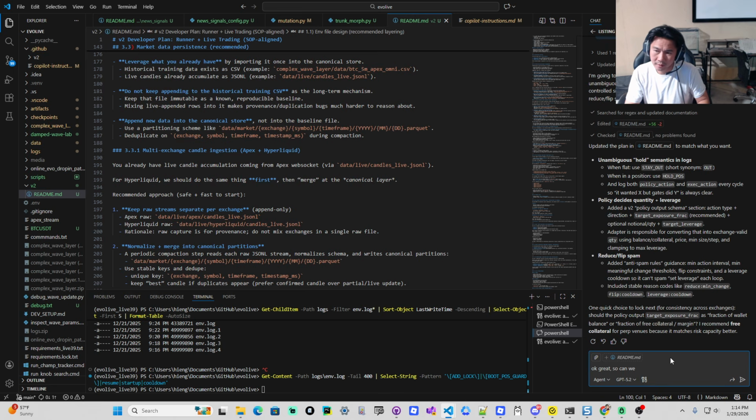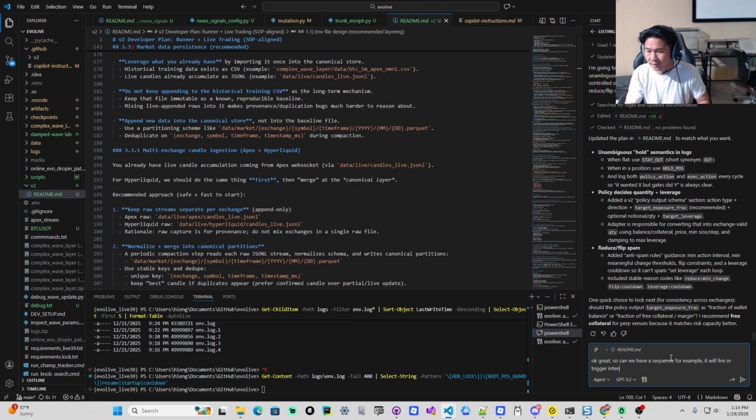Can we have a sequence? For example, it will fire or trigger intent to add, flip, reduce when we're not in a position.